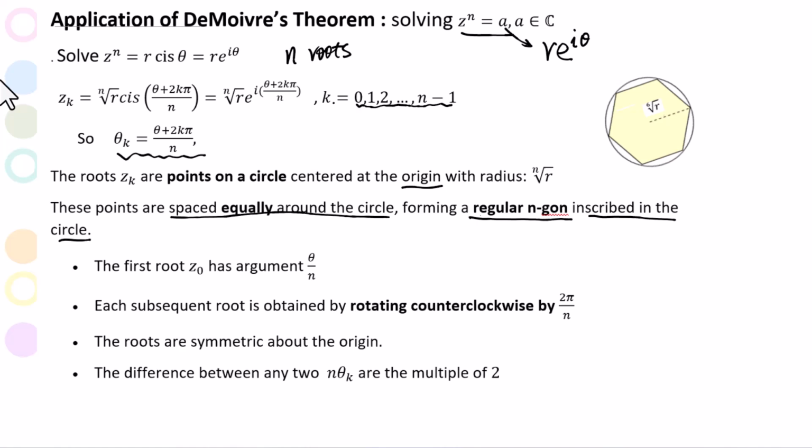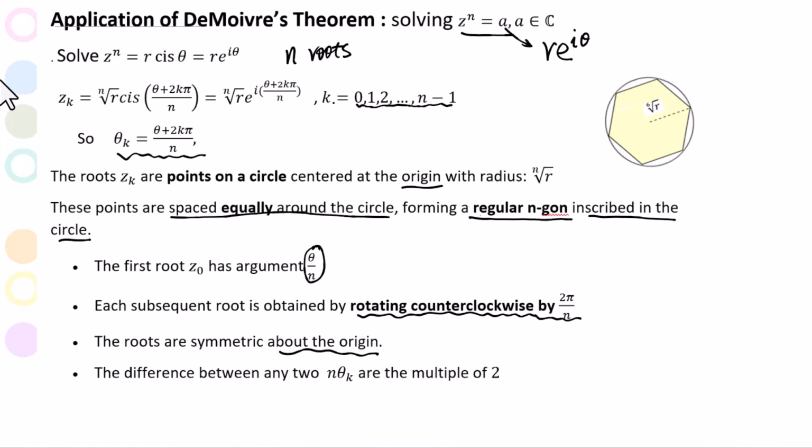The first root, z sub 0, has an argument theta over n. Each subsequent root is obtained by rotating counterclockwise by 2 pi over n. The roots are symmetric about the origin.